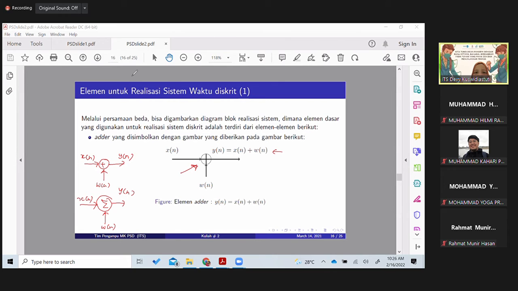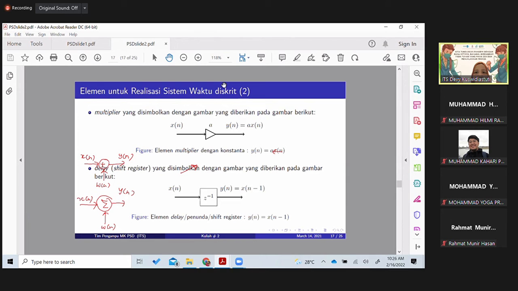And then the next one is a multiplier. We also need a multiplier because some systems have a constant multiplier given to their input, and it is symbolized like a triangle here or like an arrow. Some books just symbolize it as this.